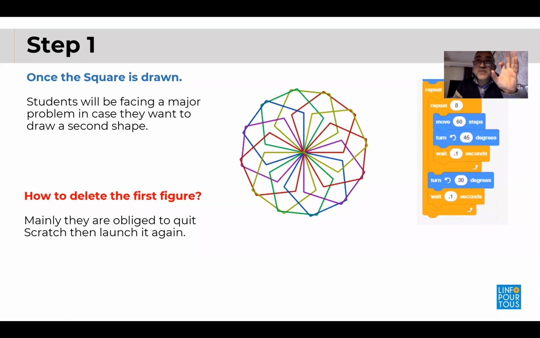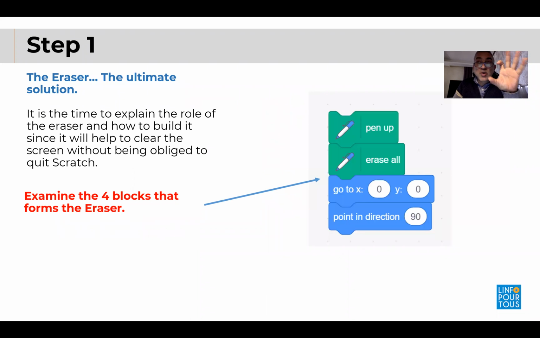That's why students must be used to building manually, each time they draw shapes, what we call the eraser, which is four blocks: pen up, erase all, go to 0, 0, and then point in direction 90.